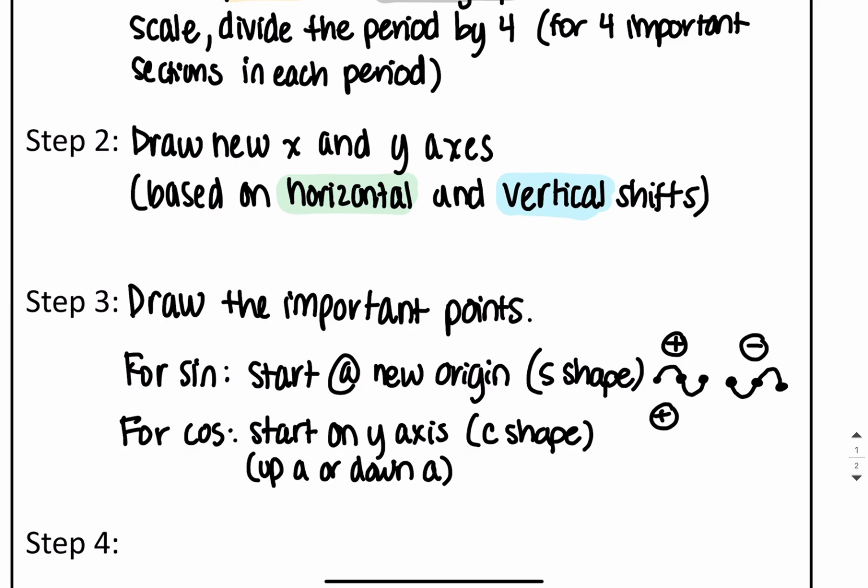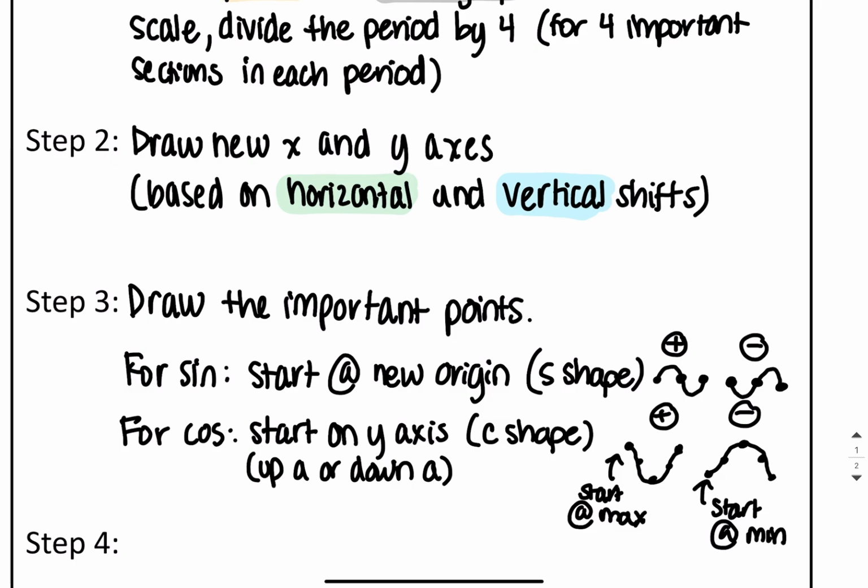So for positive cosine, it's going to look like this. And for negative cosine, it's going to look like this, where I'm starting at the minimum. So I'm starting at the maximum for positive cosine, and I'm starting at the minimum for negative cosine.